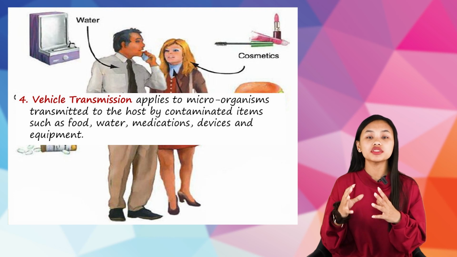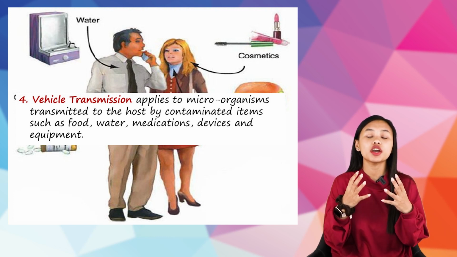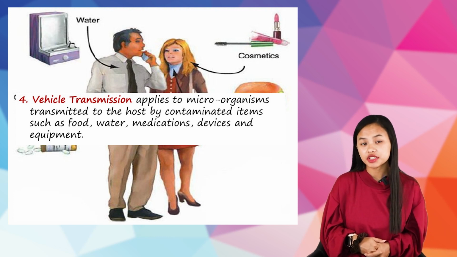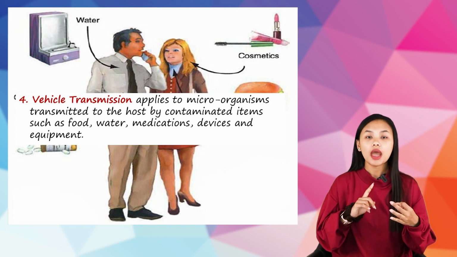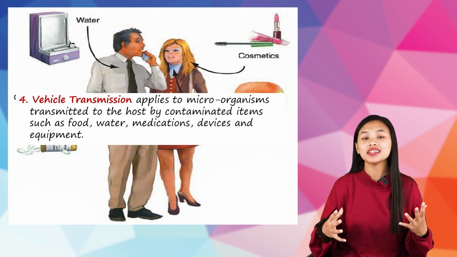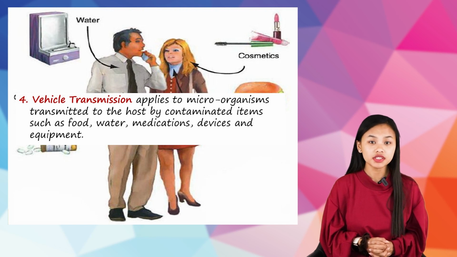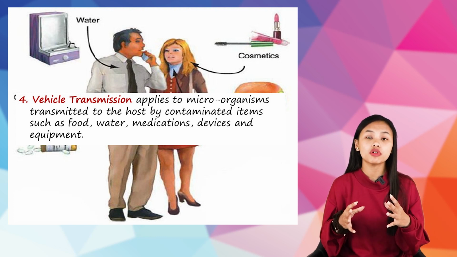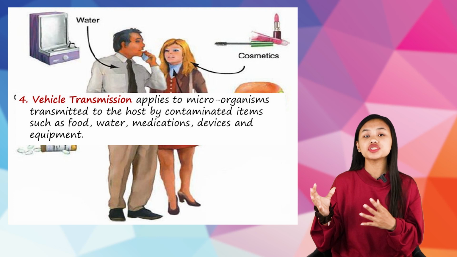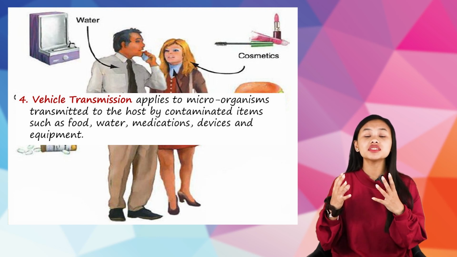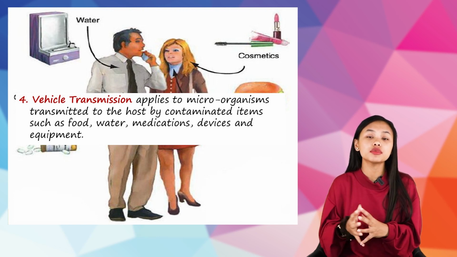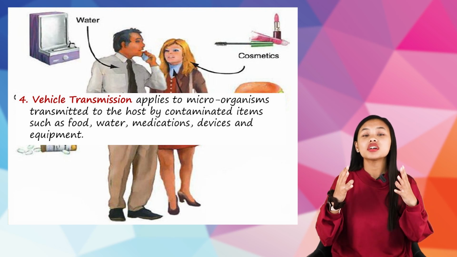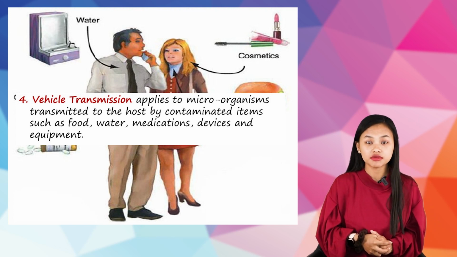This is the process of transmission whereby these microorganisms will be transmitted from the infected person through medications, certain devices, as well as equipment. So whenever these microorganisms are transmitted from one person to the other through various objects, instruments, or articles, then this is known as vehicle transmission.